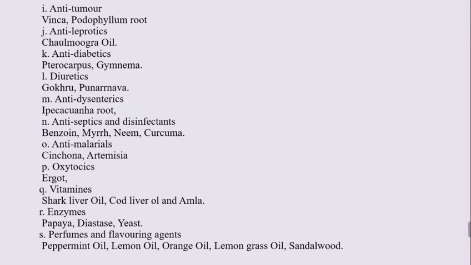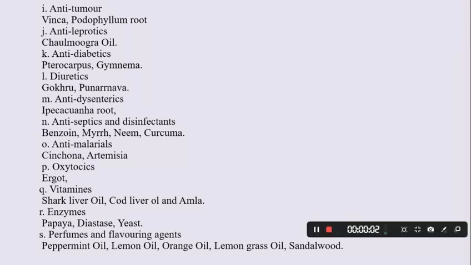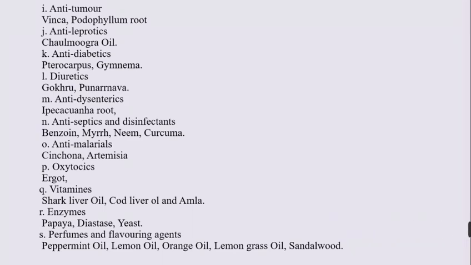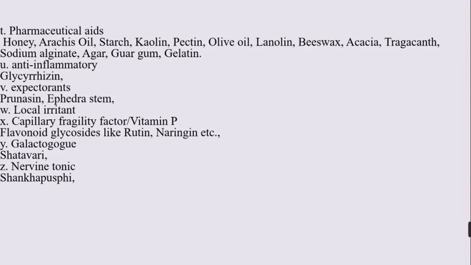These are the different classes of drugs with pharmacological action and their examples. We also have oxytocic drugs such as ergot, vitamins, enzymes, perfumes and flavoring agents, pharmaceutical aids, anti-inflammatory drugs, expectorants and local irritants. These are the different pharmacological actions and their drug examples.